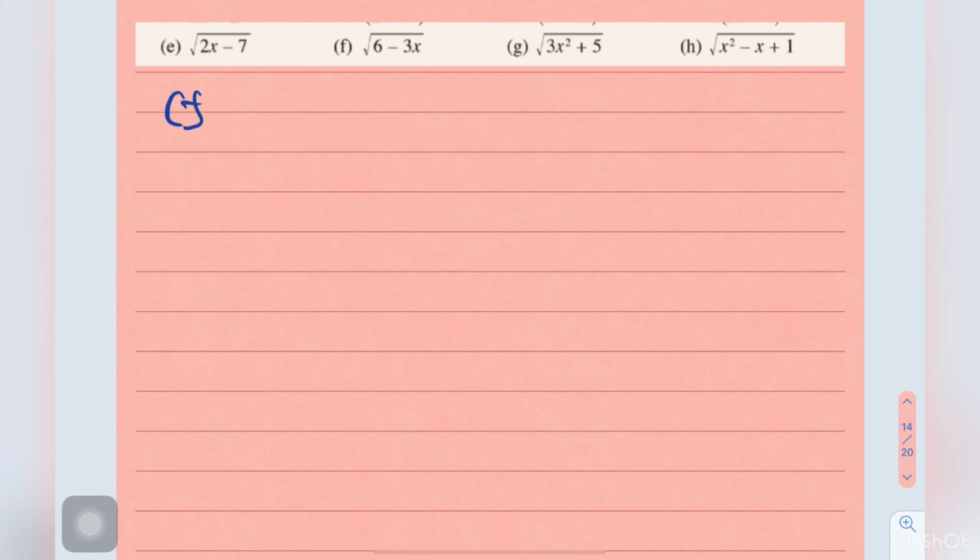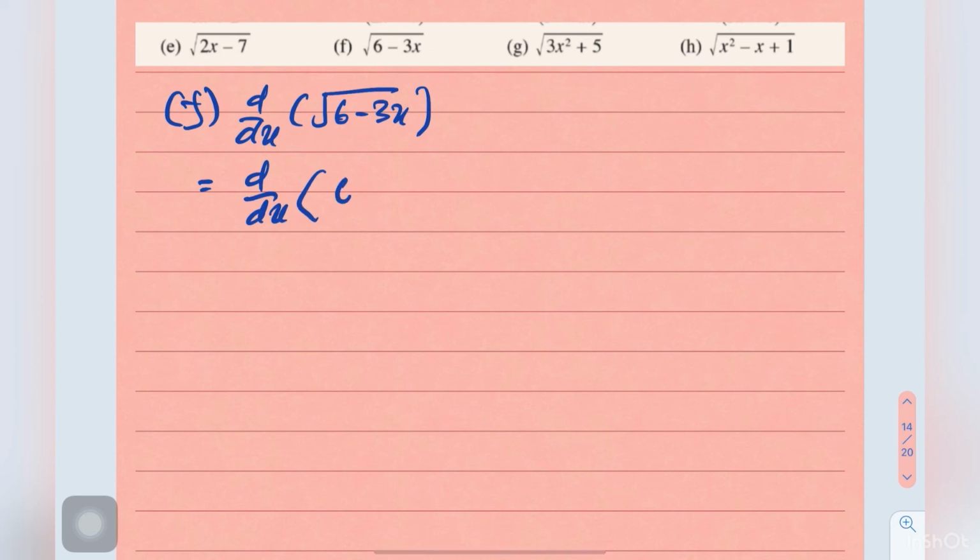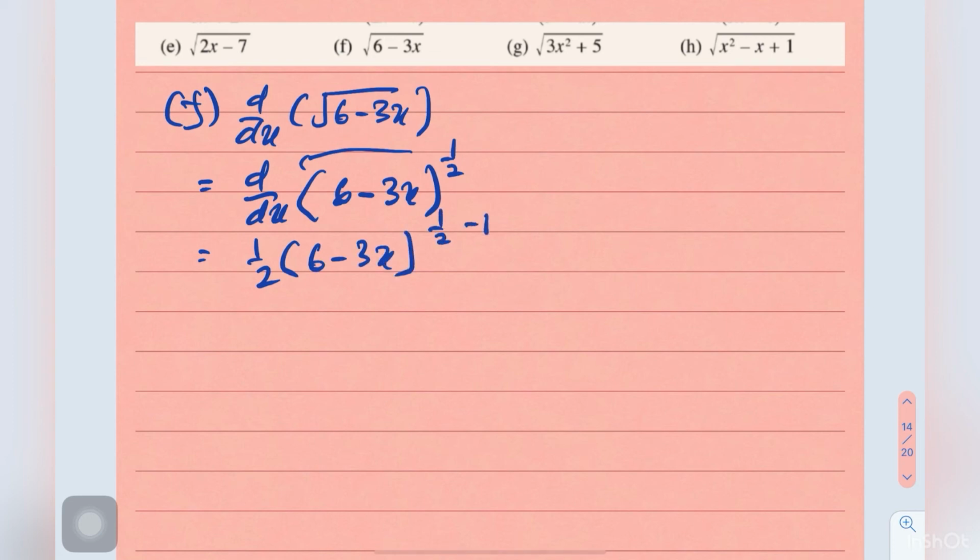F, differentiate square root of 6 minus 3x. So it becomes (6 minus 3x) to the power of half. Differentiate: no more d/dx, so 1 over 2, (6 minus 3x) to the power of 1 over 2 minus 1, times negative 3.